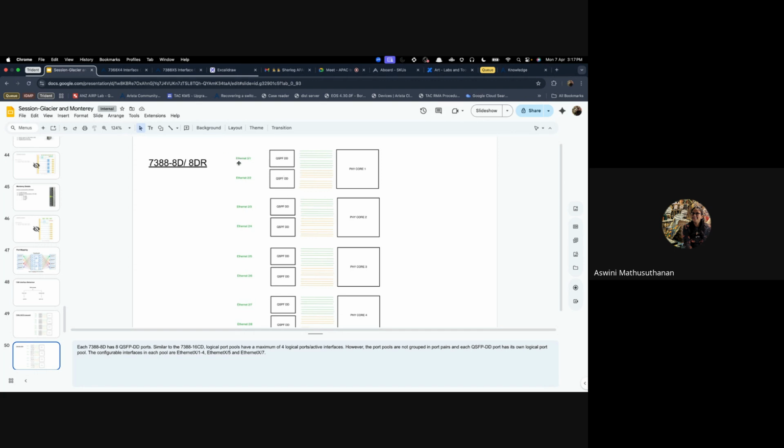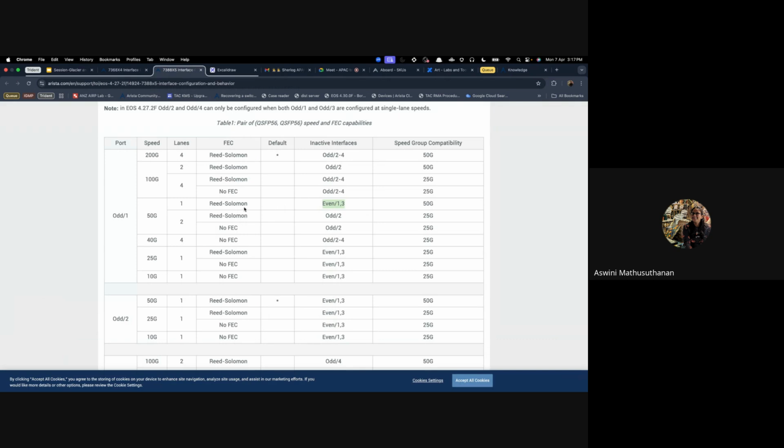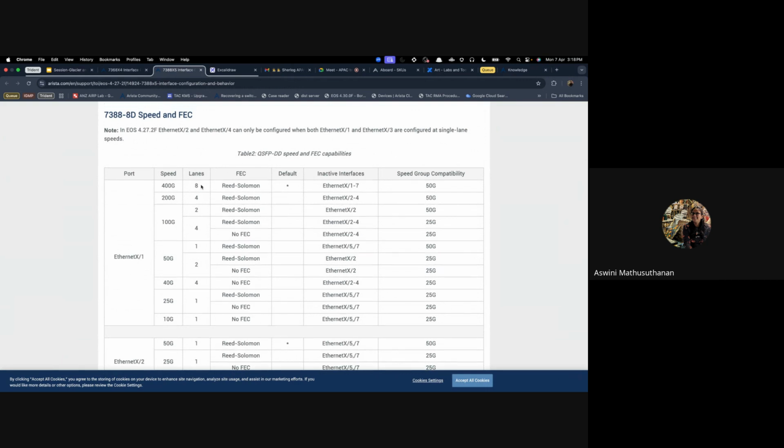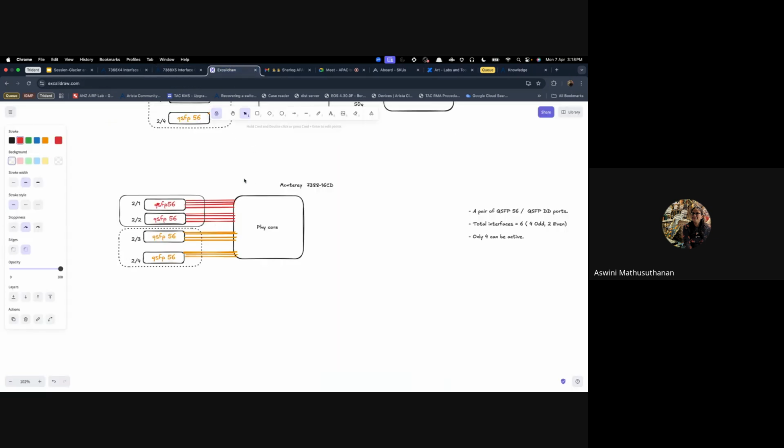It's still the same for 2/1 and 2/2. In the DD side, I think most of them can be active here, except for the one which uses all the 8 lanes. The other goes inactive.